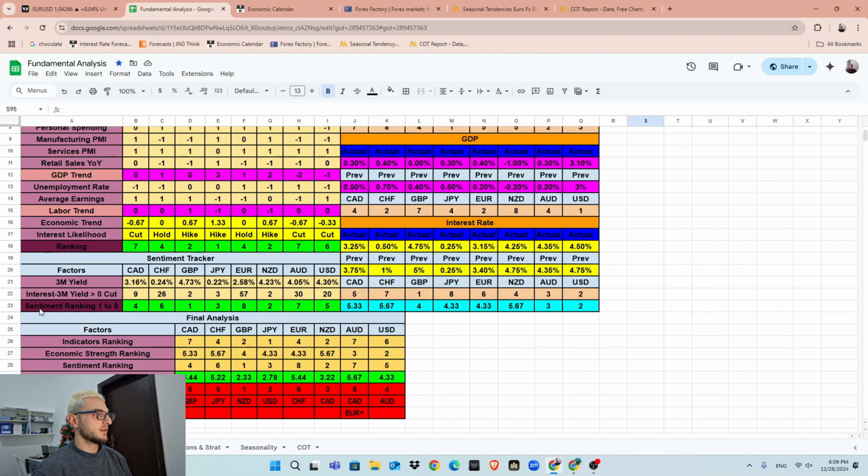Also, if we come into the sentiment area, there was an increase in the tendency of the Japanese yen. It was around holding the interest rate or below the interest rate, and now the 3-month yield increased by 0.09%.